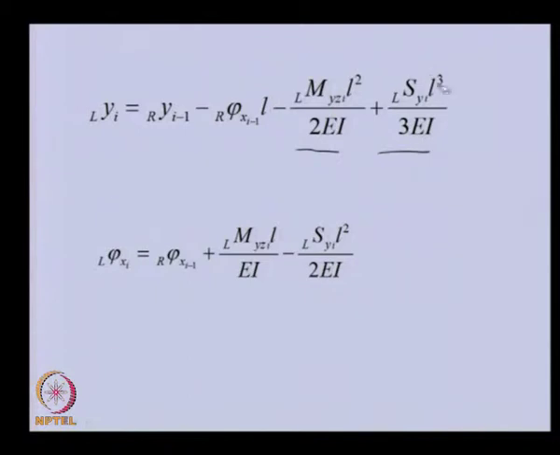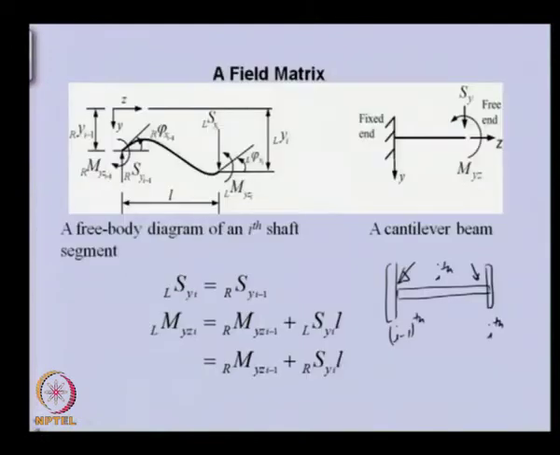From a strength of materials book we can get these relations: when we have shear force acting, what is the linear displacement, and when we have this bending moment, what will be the displacement of the free end of the shaft. Because we are dealing with a linear system, they can be combined. This is while considering the shaft as flexible and the left-hand support as rigid, that means the cantilever case.